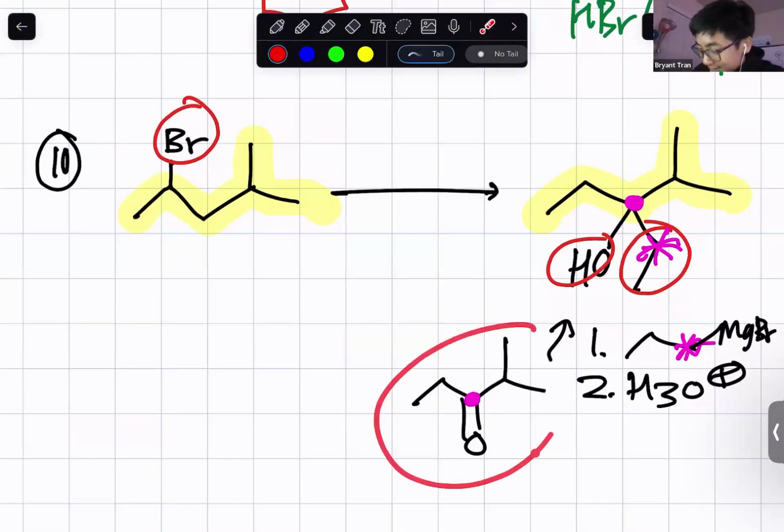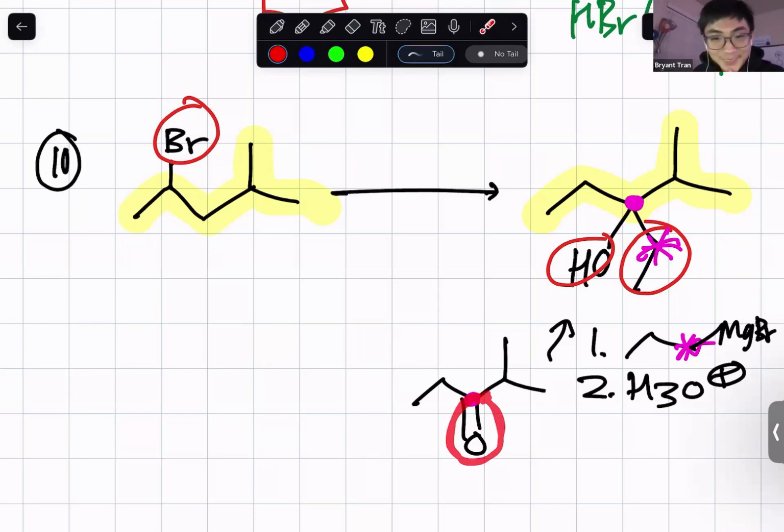What reaction? Where do you think this carbonyl came from? What functional group do you think this came from, this carbon here, carbon double bond oxygen? An alkene. Oh, you can say an alkene, right? Or an alcohol.